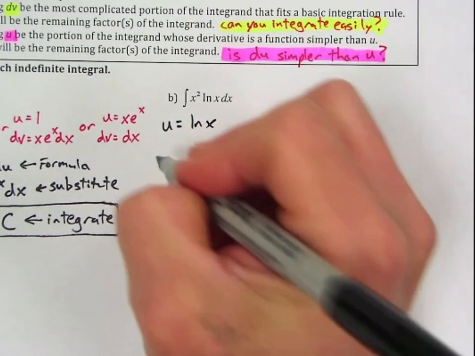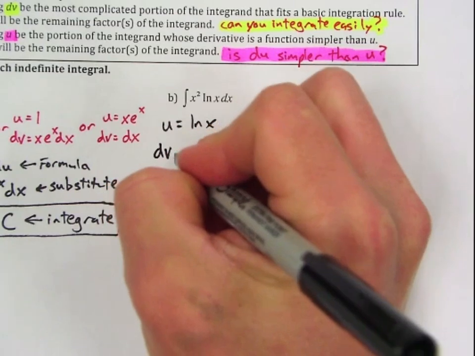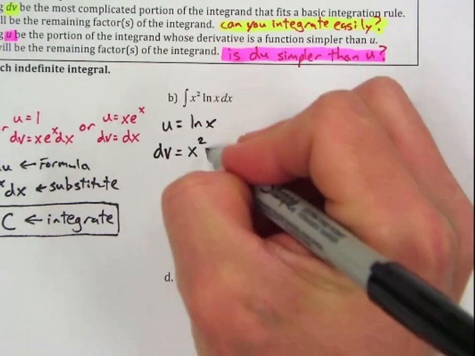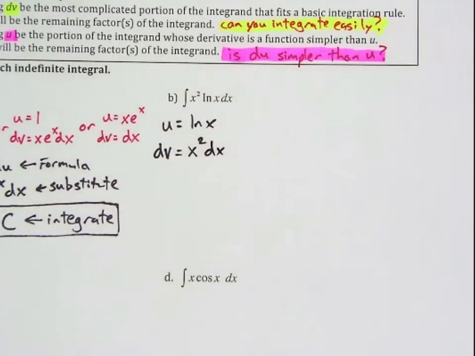And then dv is x squared. The u has to be the one that we can derive easier, and dv is the one we can integrate easier. And it may work out both ways. So we'll just try that.